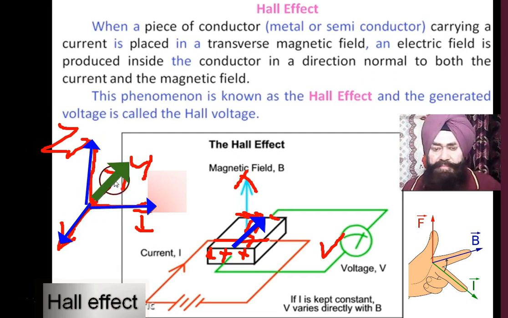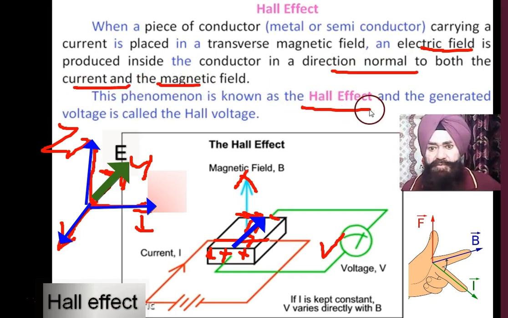So this electric field, which is along the negative y direction, is produced normal to both the current and magnetic field. Okay, this is called the Hall effect.